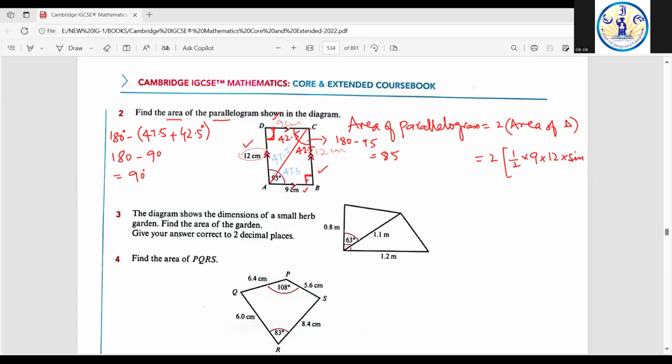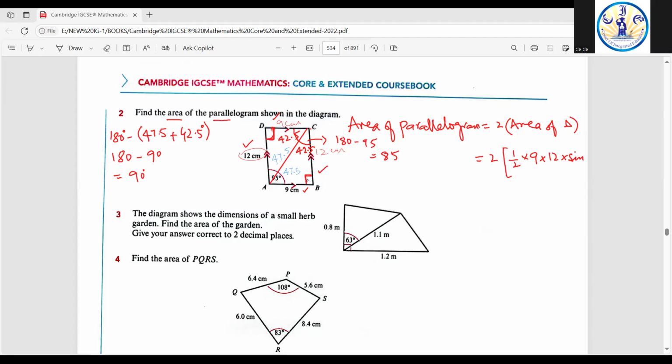That means now I need to apply 2 times 0.5 times 9 times 12, and then sine of 90 degrees. Sine of 90 degrees, though we know, is 1, but let me write it down.